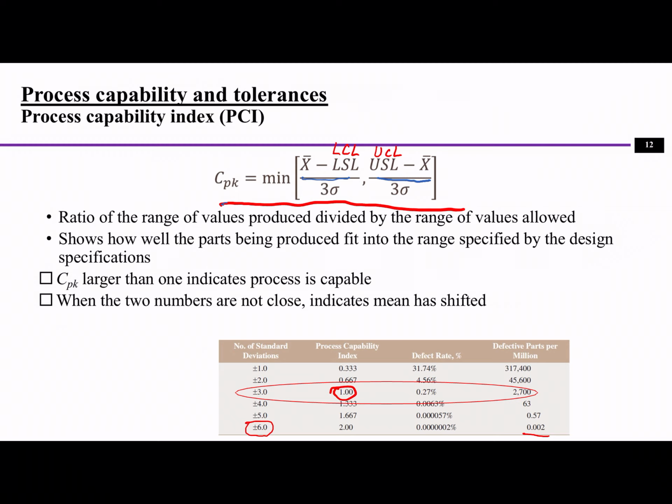So you can see how sigma matters in process control. 6 sigma means the parts produced within this 6 sigma range are all good parts, right? If we have this normal distribution, this is 3 sigma, and this will be 6 sigma.